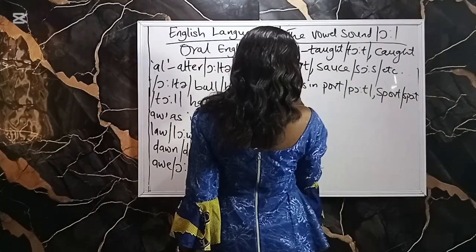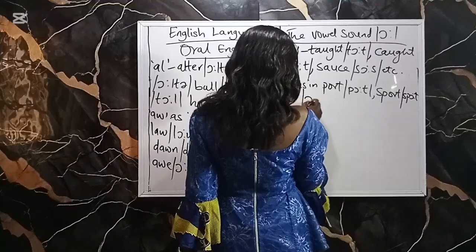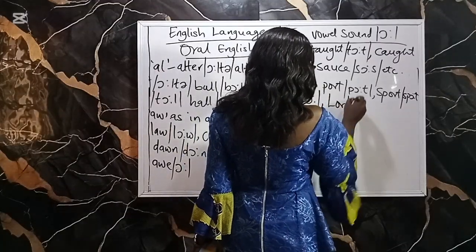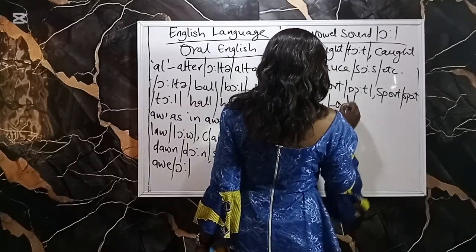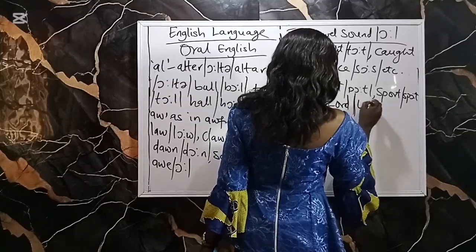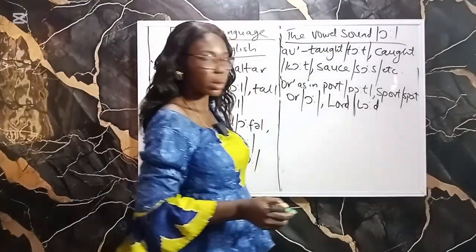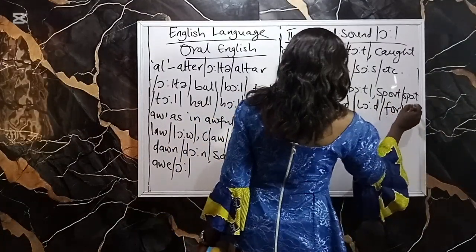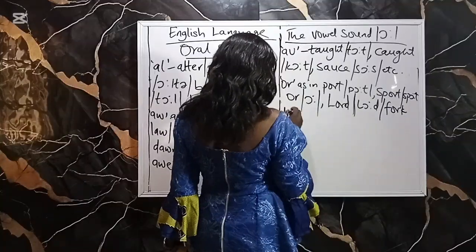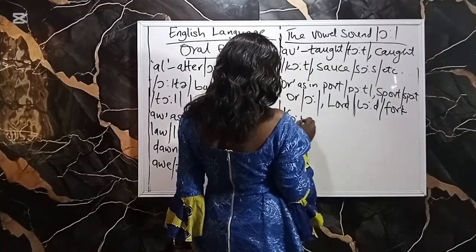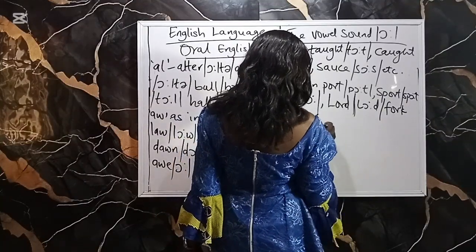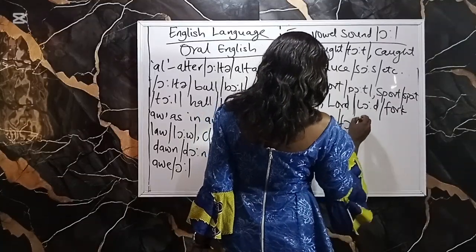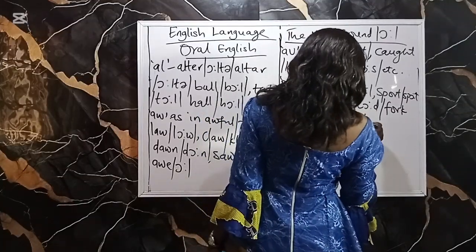Then O. We have Lord. Lord. Then we have fork. Fork. Then Ford. And so on.